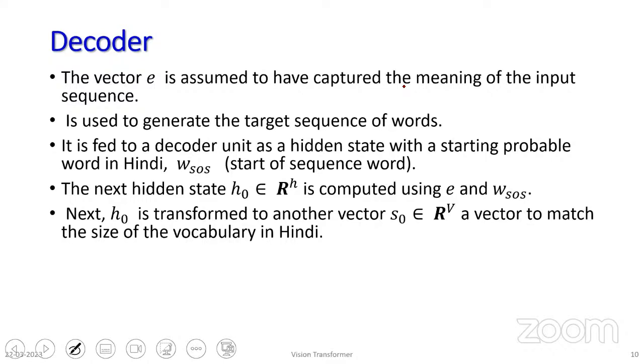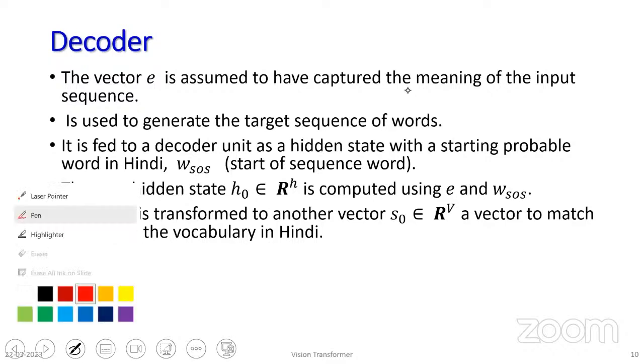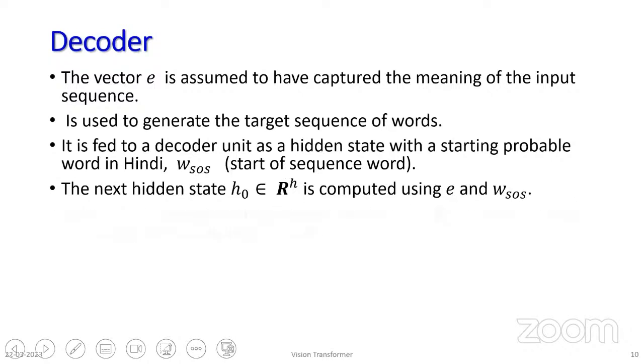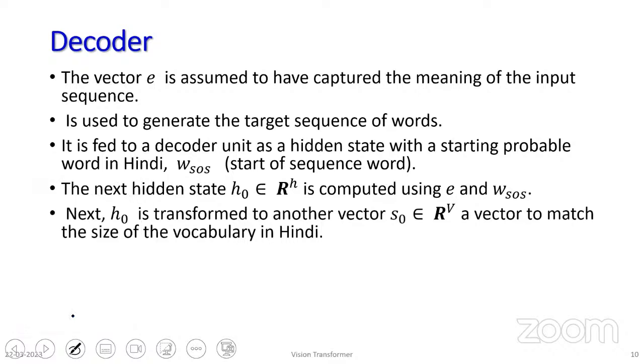Depending on the structure and the number of units in the last layer, the hidden state will have a different dimension. So here the different dimension is R^H. What we are doing to match it with the vocabulary in Hindi is transforming it to another vector S0 to match the size of the vocabulary in Hindi.